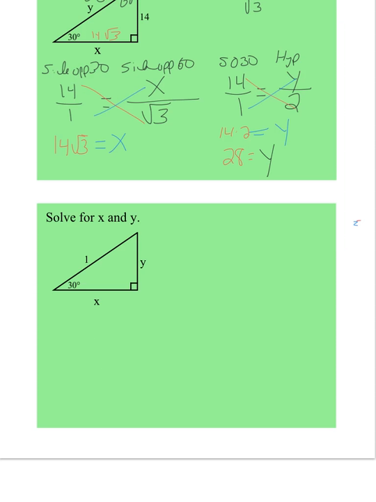Now I can do the same thing for this other 30, 60, 90 triangle. Again, I'm going to start by drawing in my reference triangle. Hypotenuse of a length of 2. The side opposite 30 degrees is a length of 1, and the side opposite 60 would be radical 3.